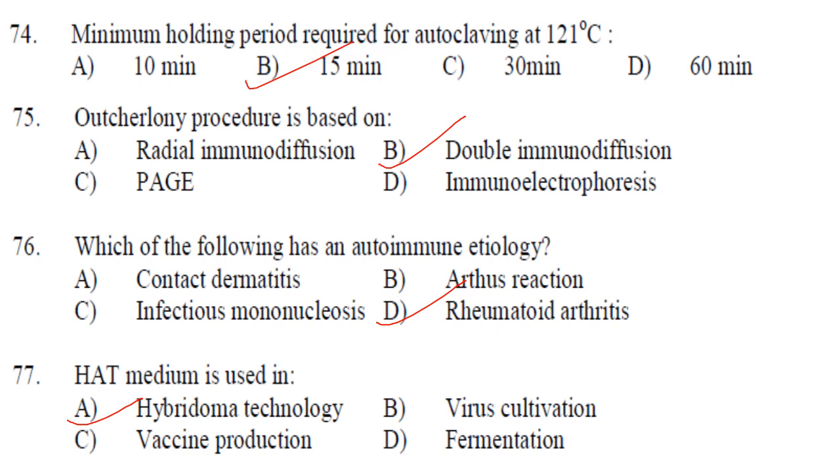Answer is option B. Which of the following has an autoimmune etiology? So autoimmune disease out of the given options is rheumatoid arthritis. Answer is option D. HAT medium is used in hybridoma technology. In the previous January 23 paper also they have asked questions from hybridoma technology.